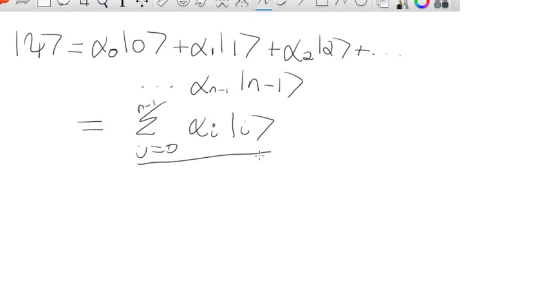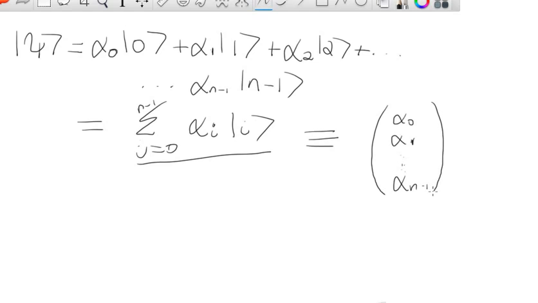If we want to write this in terms of the matrix representations, which we did before with the two-level system qubit, then we can write it as alpha 0, alpha 1, dot dot dot, all the way down to alpha n minus 1.